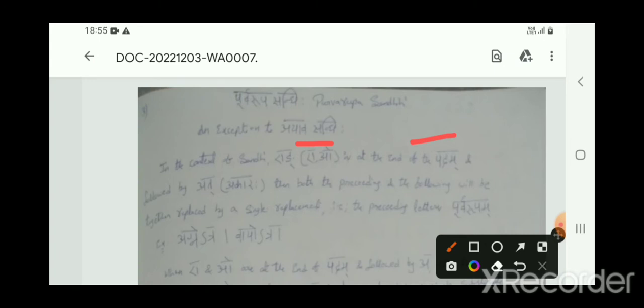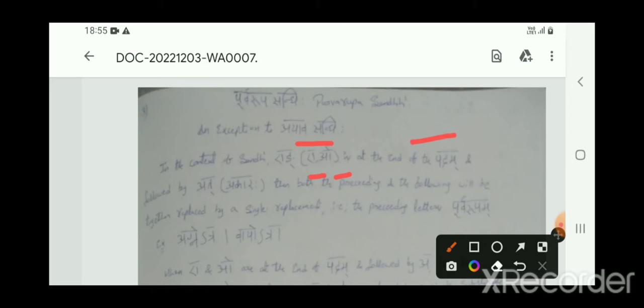Then only this exception will be applicable. And why is it an exception to Ayava Sandhi? Because A and O, both these letters are H letters, right? So that H letter means it's Ayava Sandhi. H is followed by an Ach, then the replacement will happen.